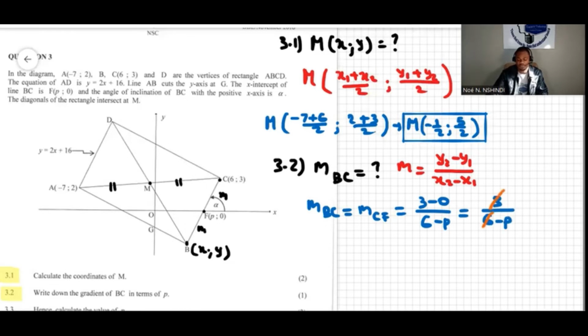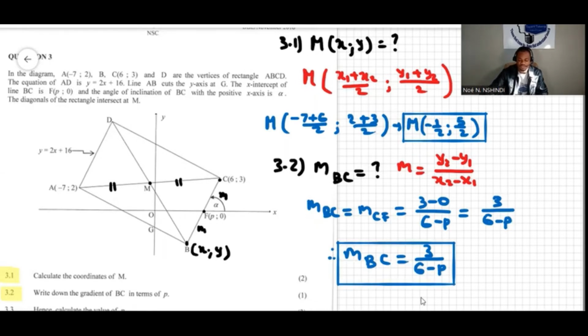You cannot simplify 3 and 6 there, because at the denominator we have two different terms. Therefore the gradient of BC is just equal to 3 over 6 minus p.